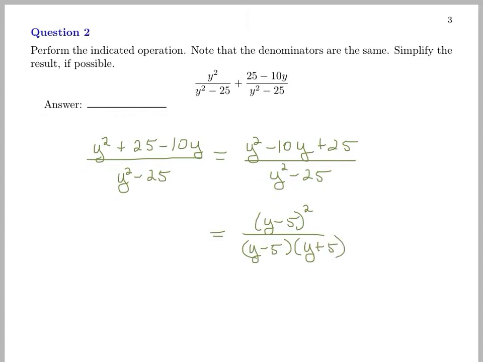And we see there's a common factor of y minus 5 in both the numerator and the denominator, so we can cancel that. And so we get left a y minus 5 in the numerator and a y plus 5 in the denominator. So that would be the simplified answer: y minus 5 divided by y plus 5.